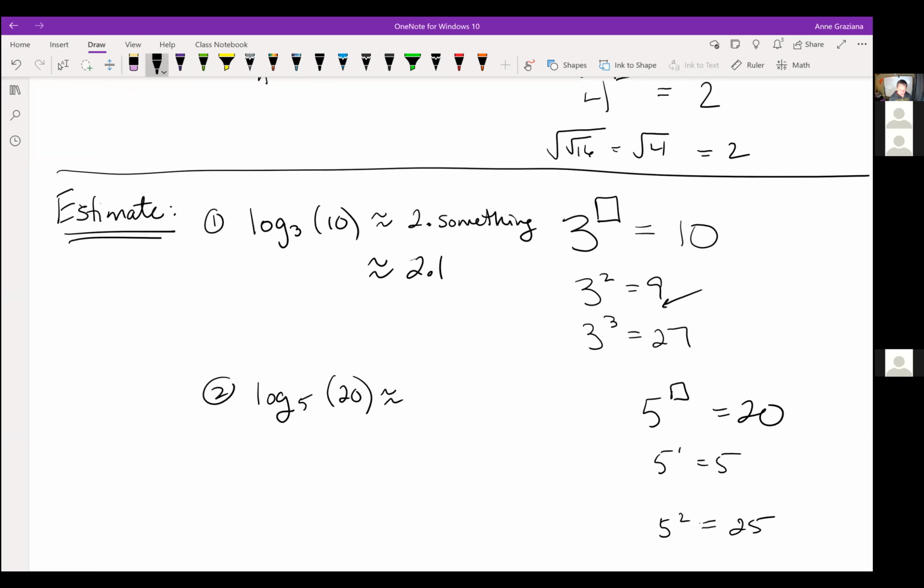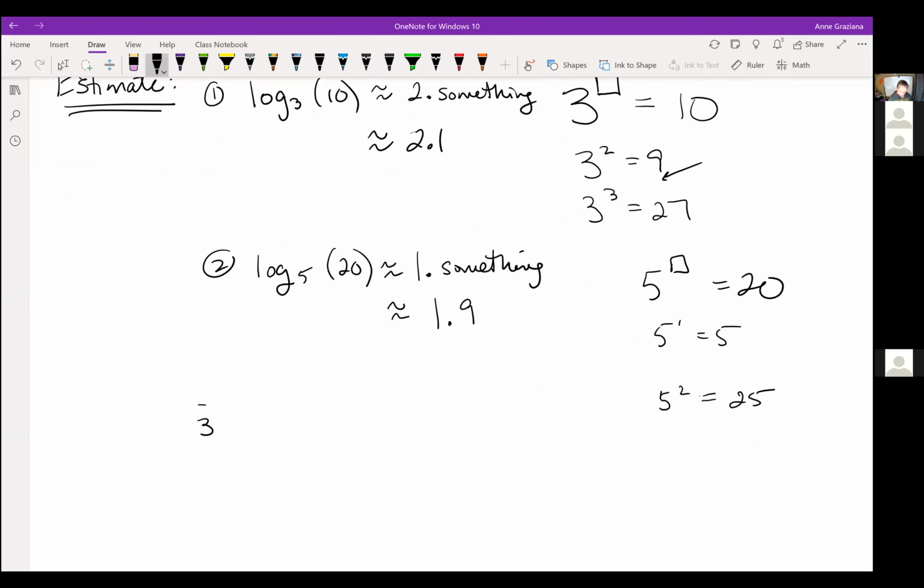It'll be 1 point something. We'll estimate it about 1.9. Did you put it in a calculator, or is that a real guess? Okay, all right, good. 1.9. So we'll keep it then.